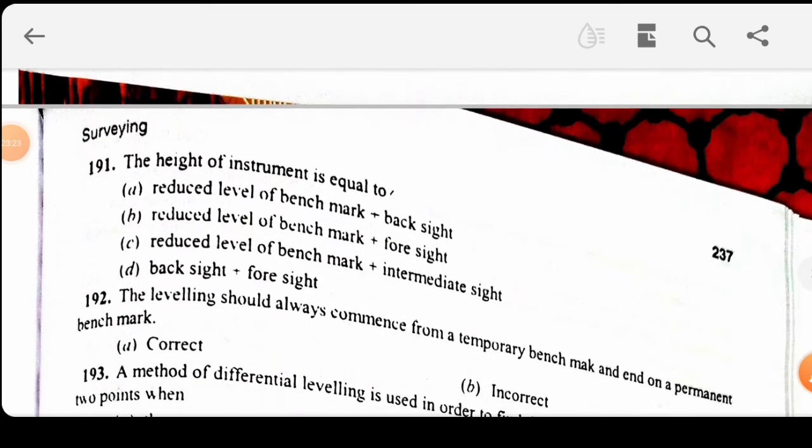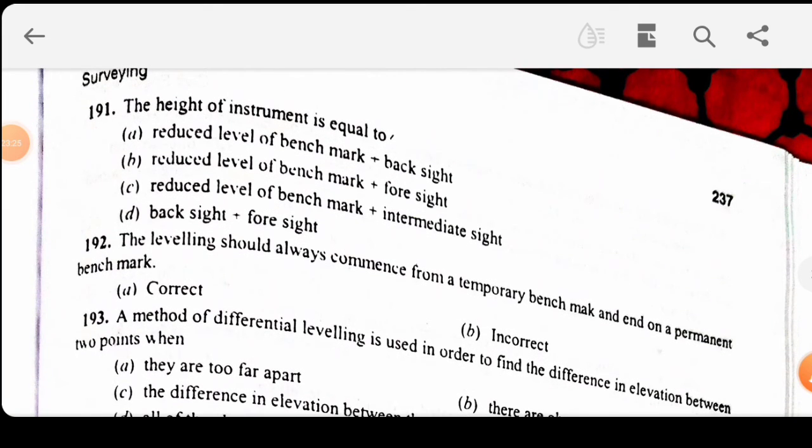Look, 191. The height of instrument is equal to reduced level of benchmark plus backside.